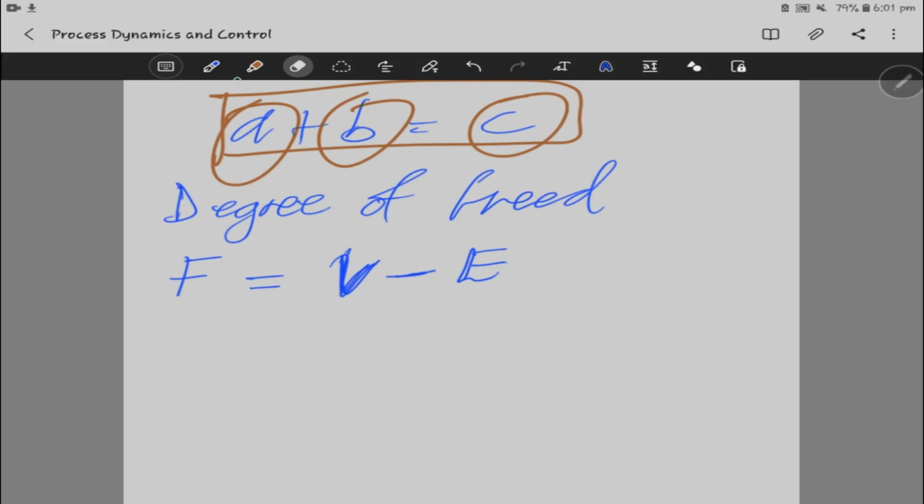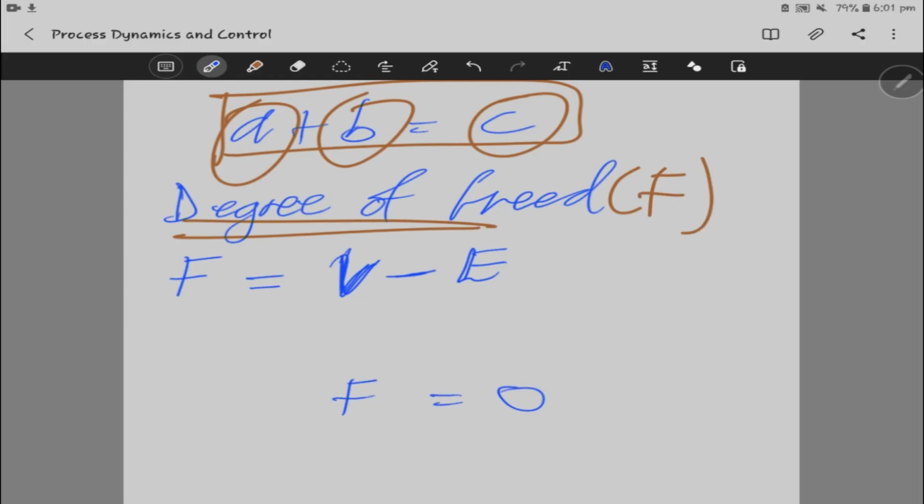There are three values that the degree of freedom F can take. After we do this computation, either F is equal to 0, or F, the degree of freedom, is greater than 0, or F is less than 0.